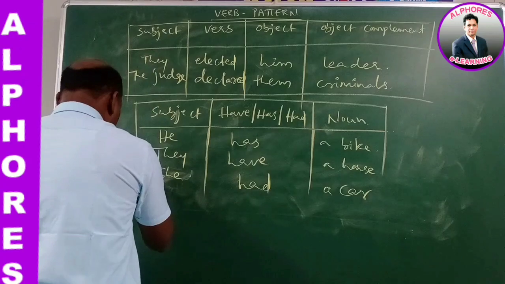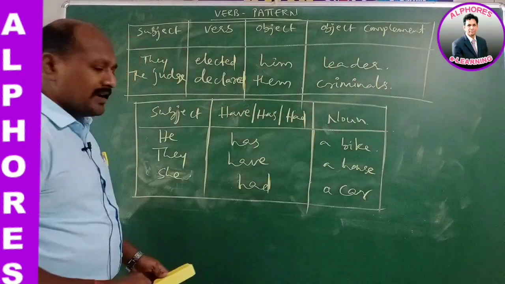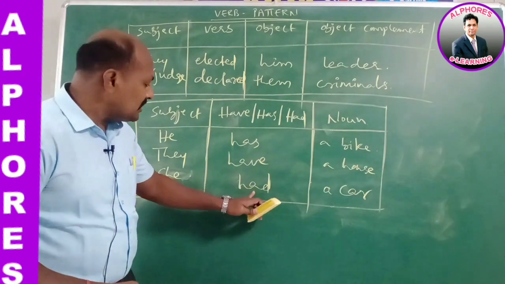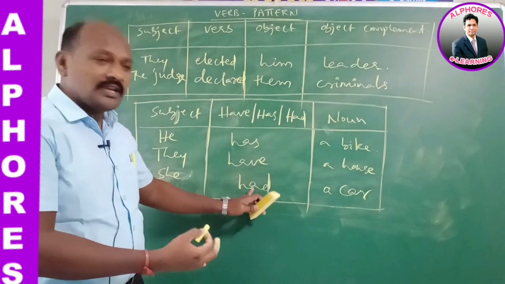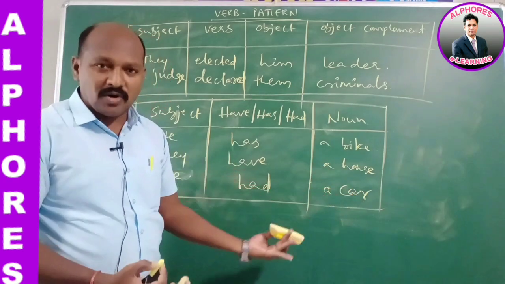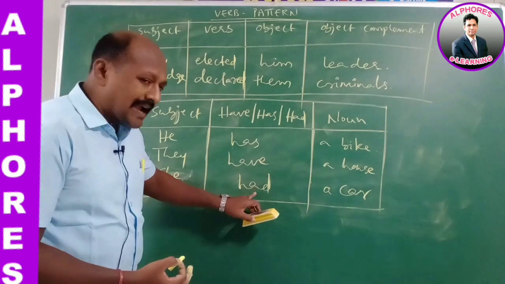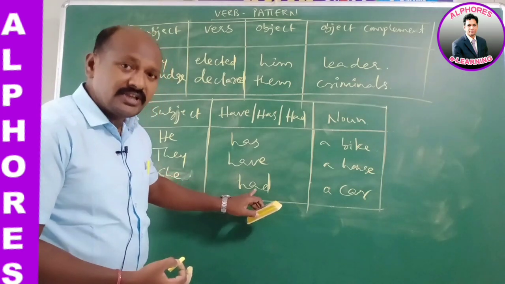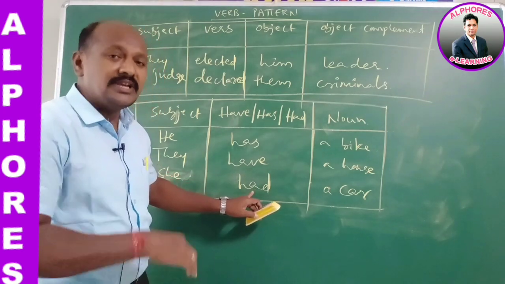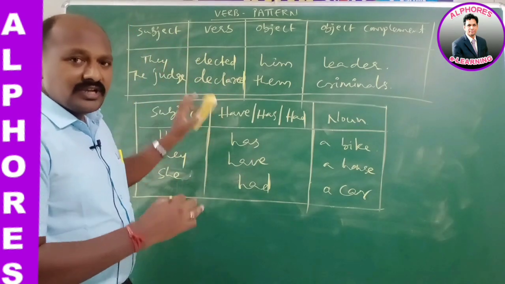She had a car means it is telling about the past of the subject. Previously she had a car. I don't know now its position whether she has it or not, but previously she had it in the past. Had indicates having possession of the subject in the past. In this way we can declare these are the verb patterns.